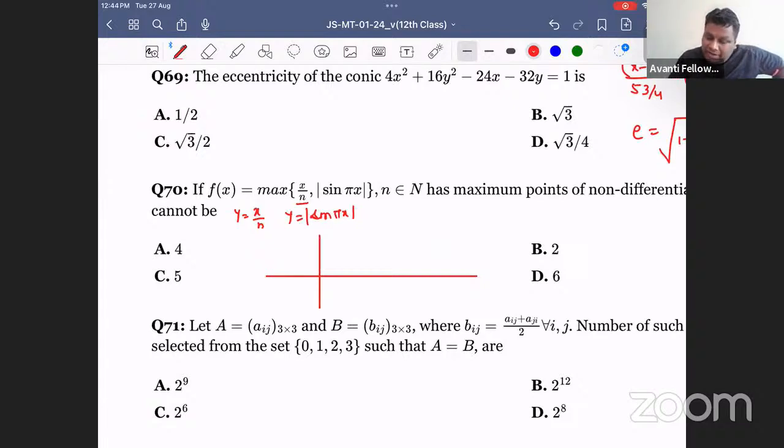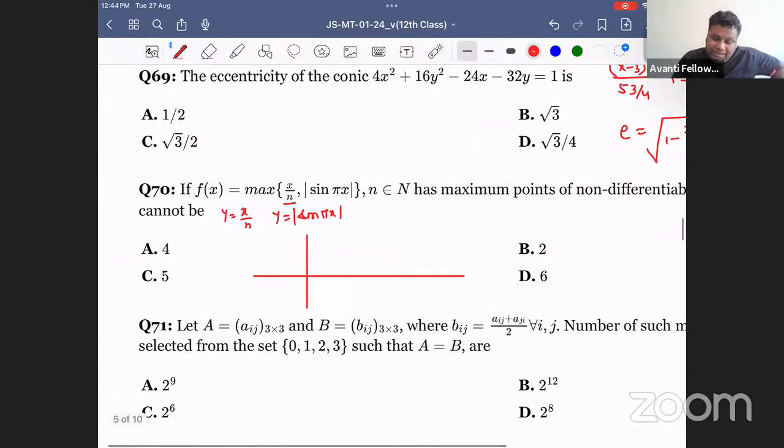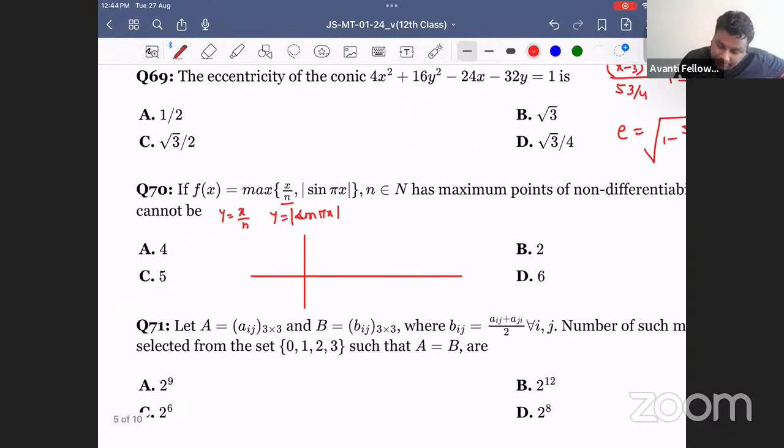N belongs to, has maximum points of non-differentiability for 0 to 4. Then n cannot be. Now see, the graph of mod sine pi x will be like this. It is 0, 1, 2, 3, and this point is 4.